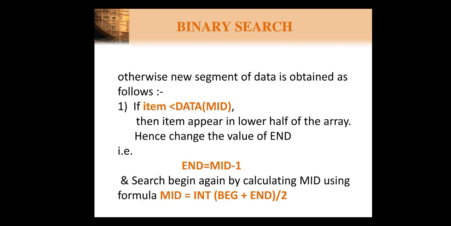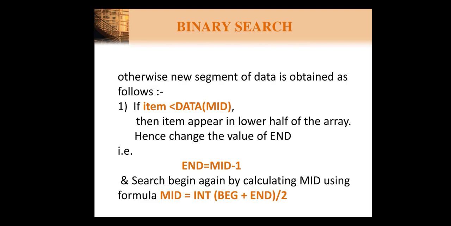So again you need to divide that array into two parts, and compare your value with the mid value to check whether the element you want to search is present at that mid value or not. In this way the binary search works. In binary search, it always compares your element with the mid value.